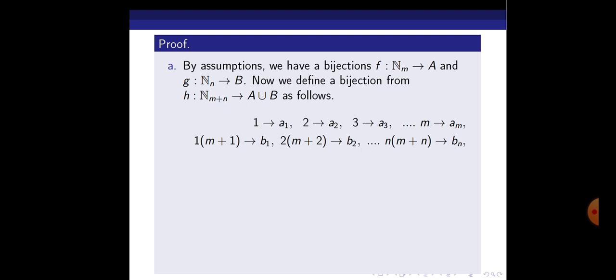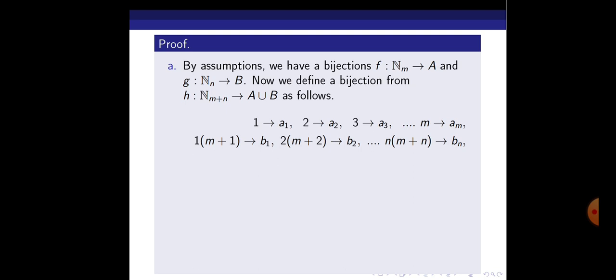n onto bn. So, we define a bijection h as follows. The first part we define as h maps 1 onto a1, 2 onto a2, 3 onto a3, etc., m onto am. We choose it such that h of i and f of i are the same, where i varies from 1 to m.